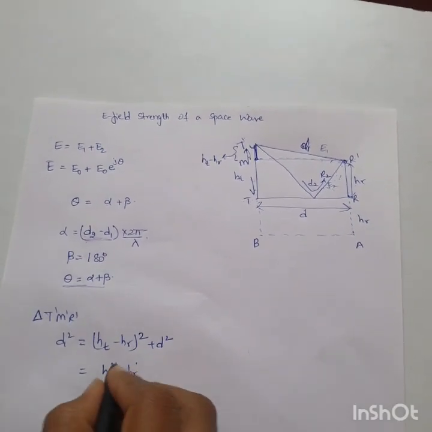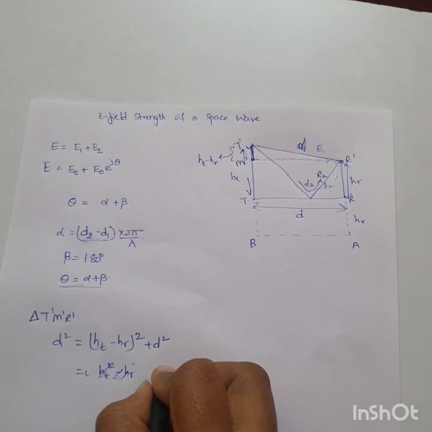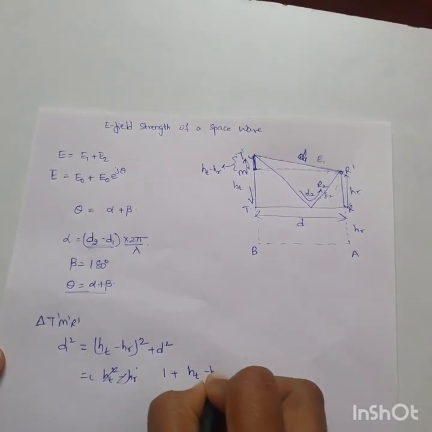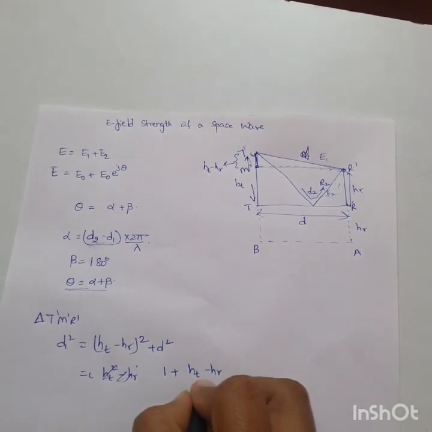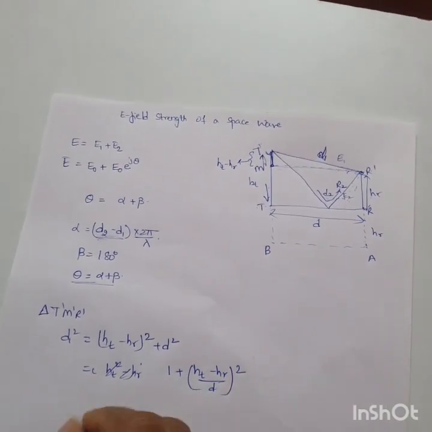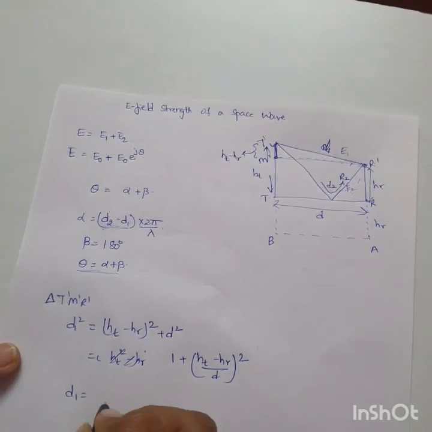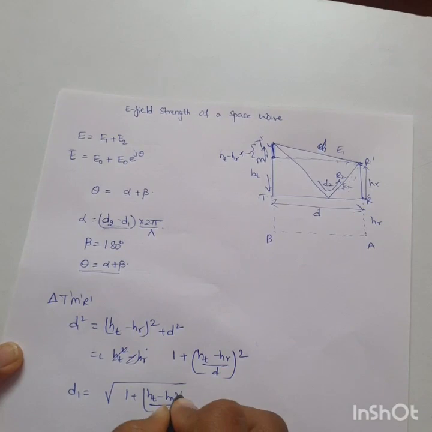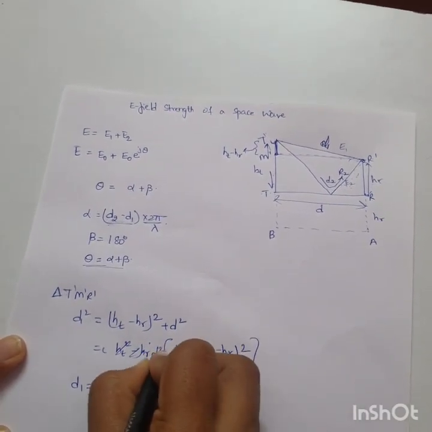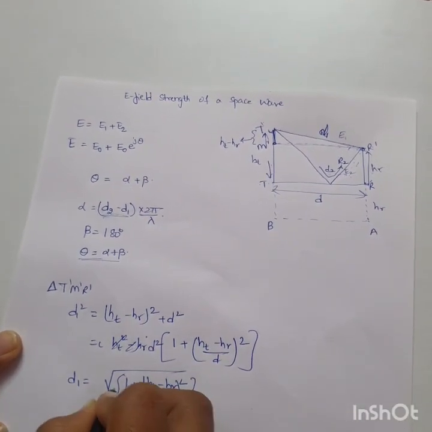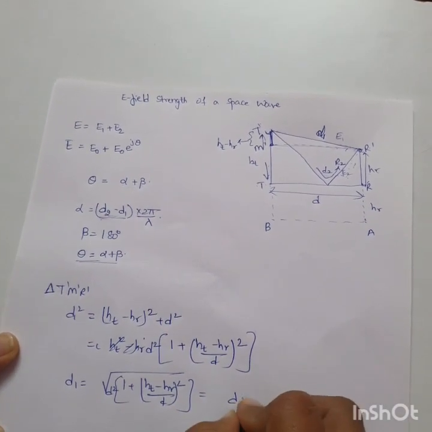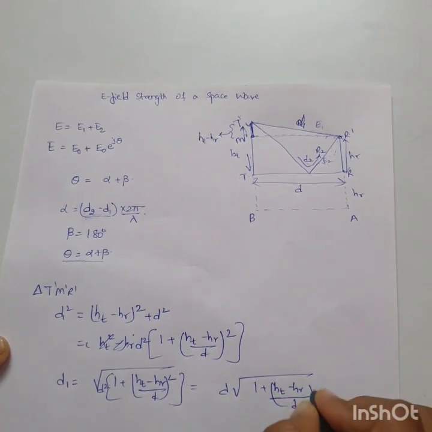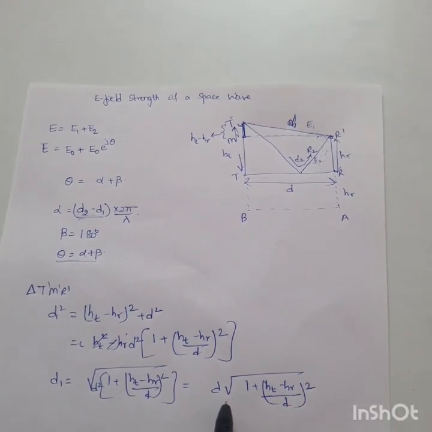I can write D1 square as D square into 1 plus HT minus HR by D whole square. So D1 is nothing but D into under root of 1 plus HT minus HR by D whole square. Is it not? Okay.